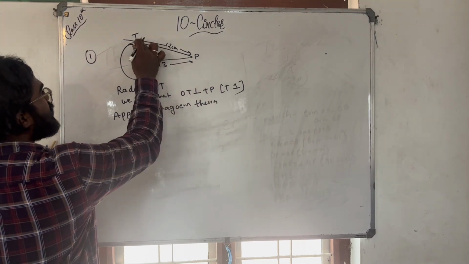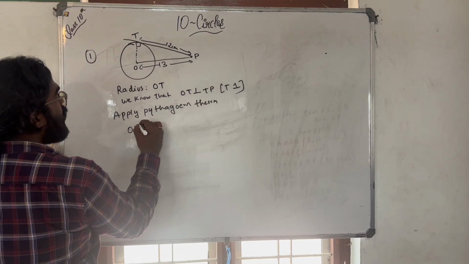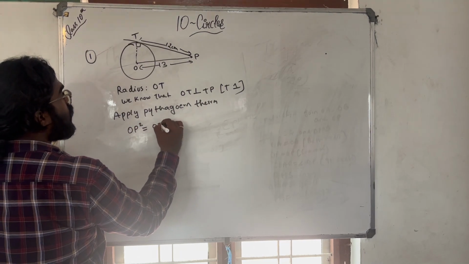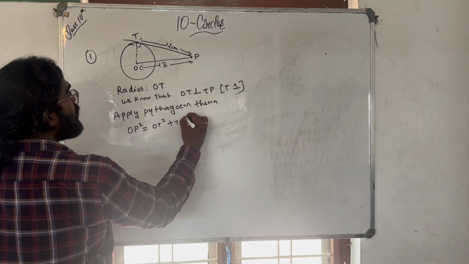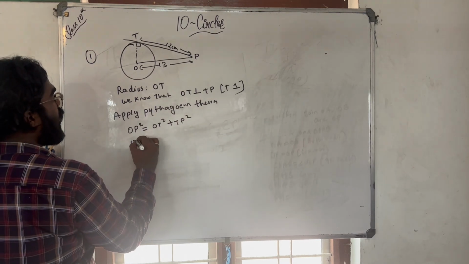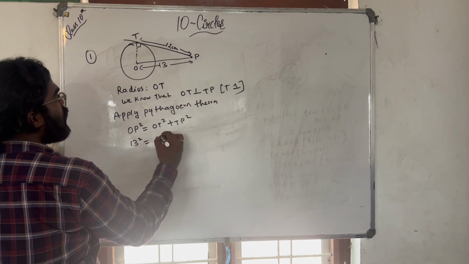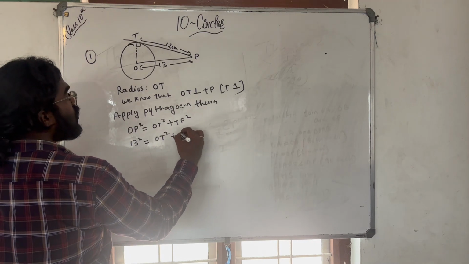So we know that the hypotenuse OP square is equal to OT square plus TP square. OP square 13 square is equal to OT, पता नहीं, ढूंढना है हमें, OT square plus 12 square.